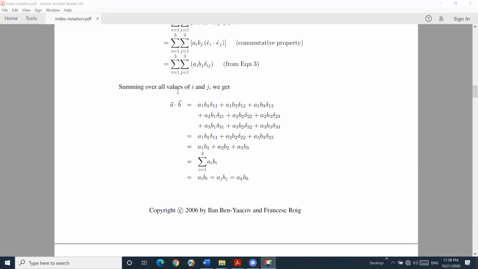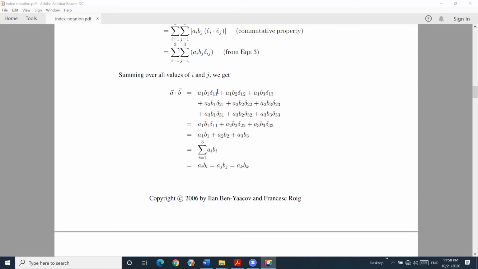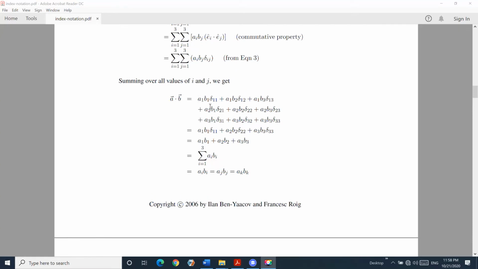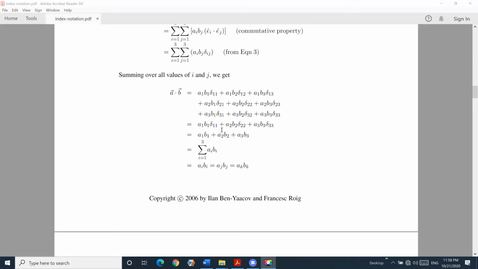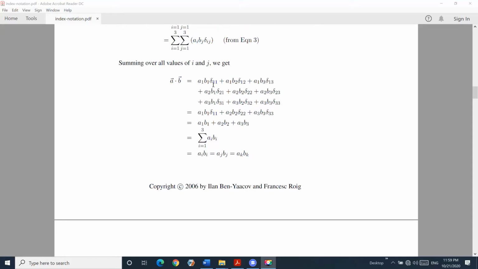So summing over all the values of i and j, we get this form. Just put a1 b1 delta 11, a1 b2 delta 12. If we write all the possible combinations, at the end we get this form with all 9 terms, and the terms where i and j are equal to each other give 1.